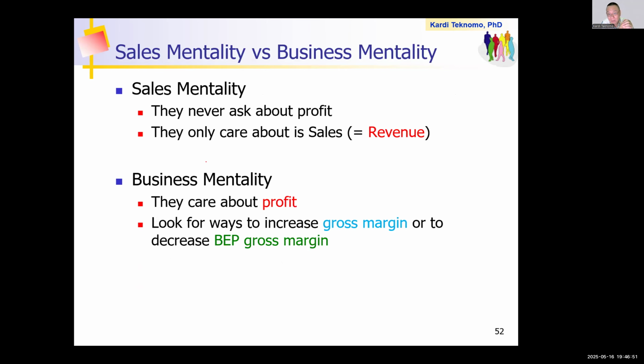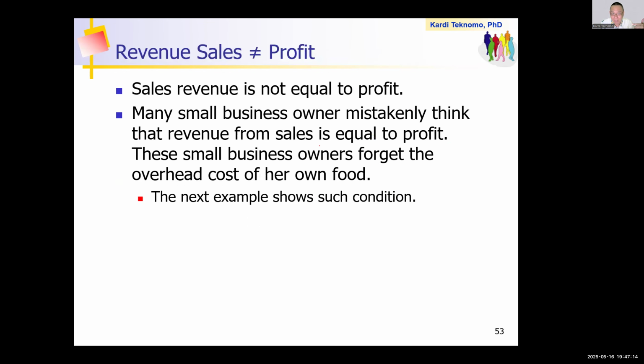So you care about increasing the gross margin or reducing the BEP gross margin. This is what you need to do. Don't just increase your revenue, because revenue does not mean profit. This is a very important lesson.